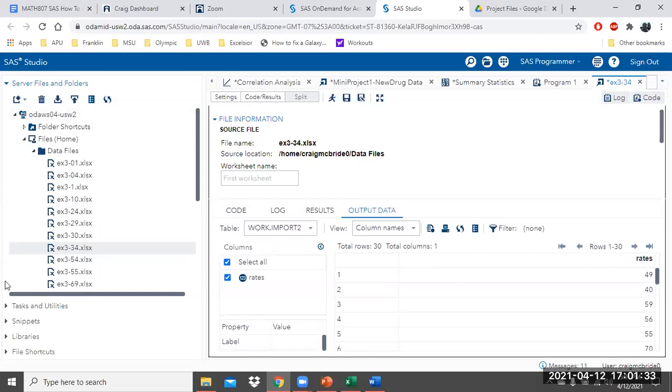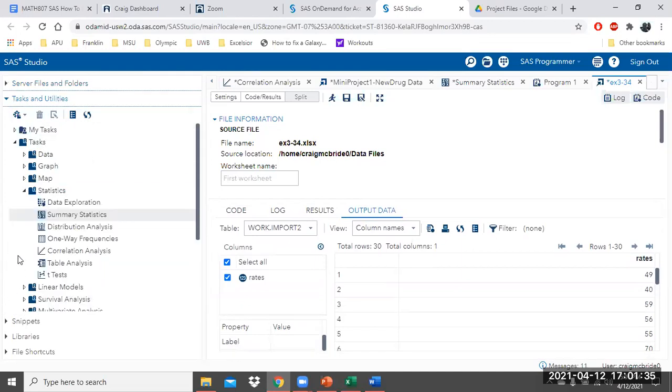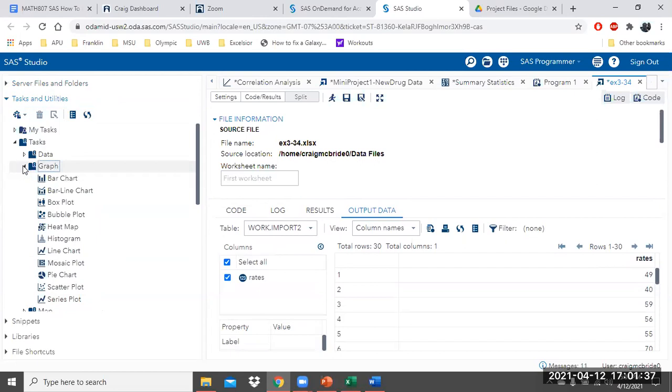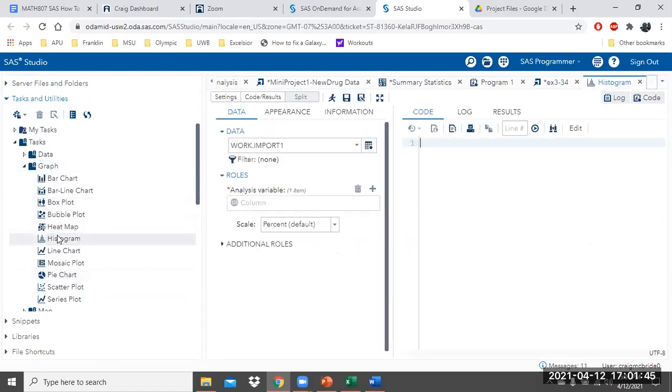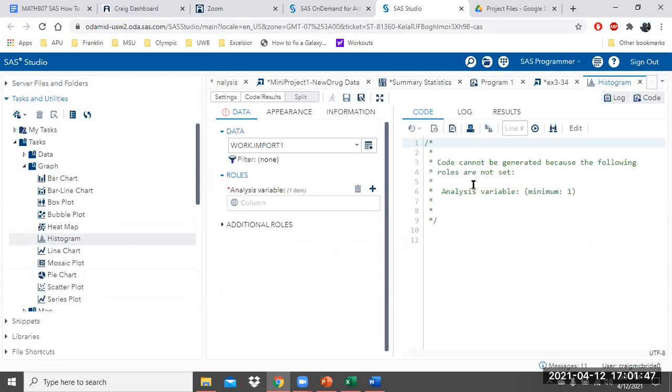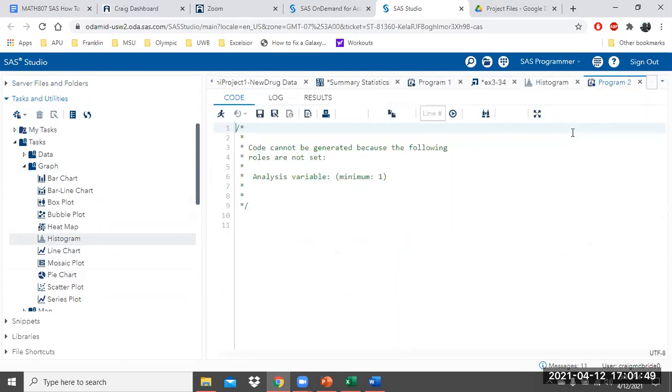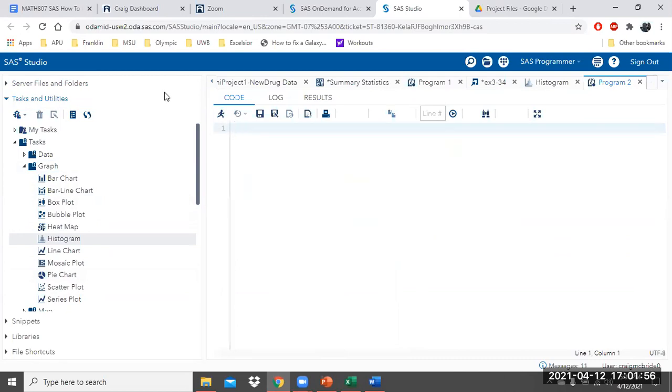So now I can go to my tasks and my graphs, and I'm just going to pick histogram. So it's a simple code, right? And hit edit and copy all of this and delete it just to start fresh.